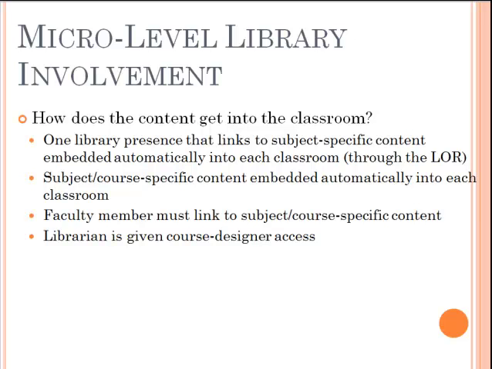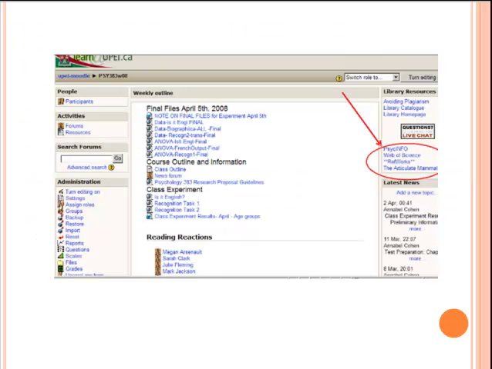That takes a lot more effort because you're doing it for each course. You could have content embedded automatically into each classroom, which is another approach you could take. I think the less that faculty have to do and the less that you have to do manually, the better.